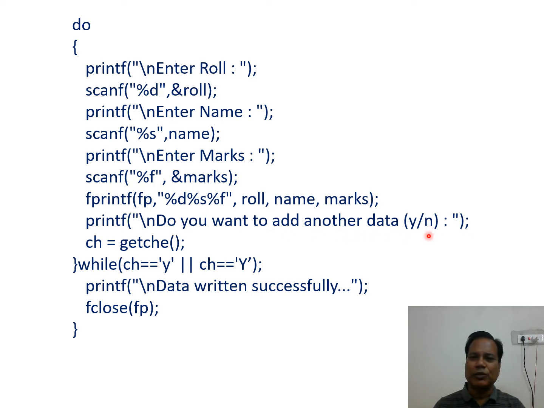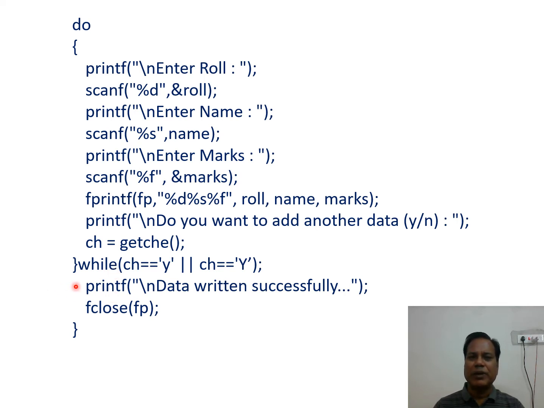So suppose n is entered, then that n is taken in by the getche function and stored in the variable ch. Then in the condition part of the do while loop, the condition becomes false, and control comes out of the do while loop.